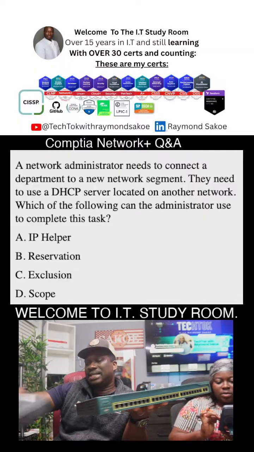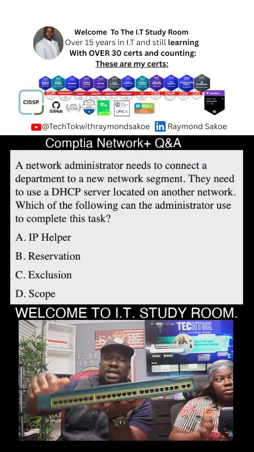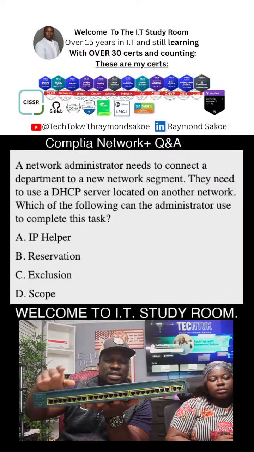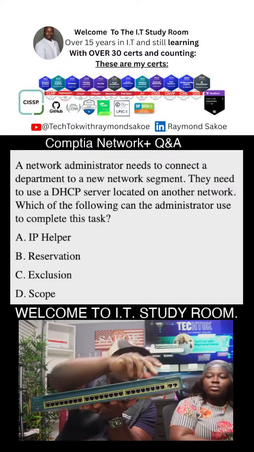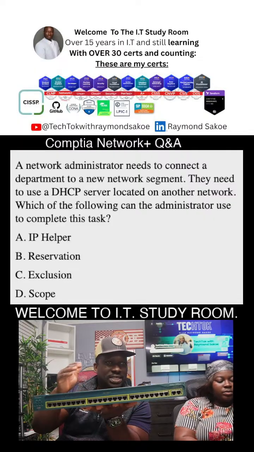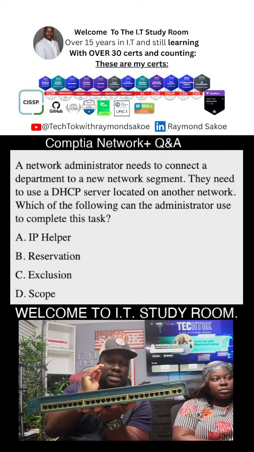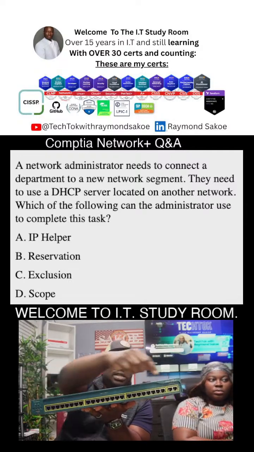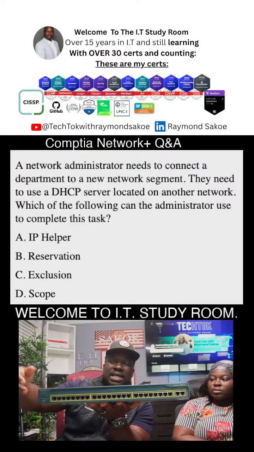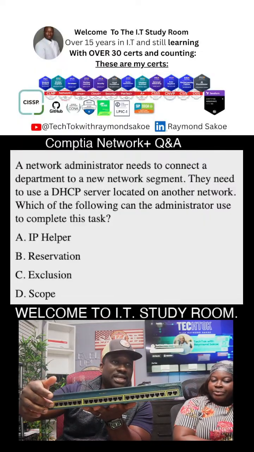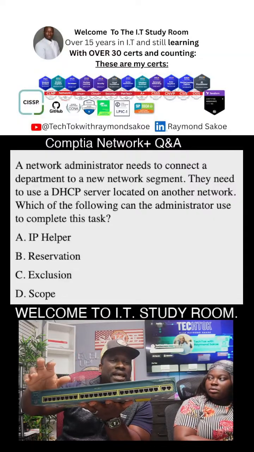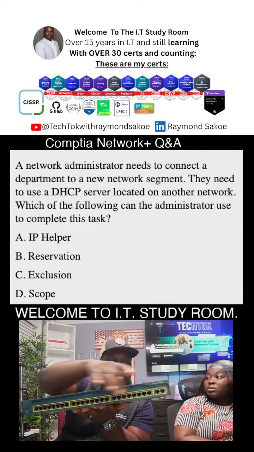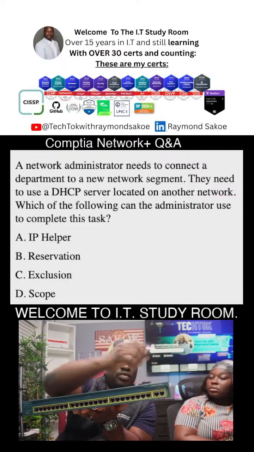If I'm connected to port 1 and I send a DHCP broadcast, it's one to many, so every device connected to this switch will hear the broadcast. However, only the DHCP server will reply. If the DHCP server is on the last port and I'm on the first port, I send a discovery broadcast saying I need an IP address, and only the DHCP server will reply.